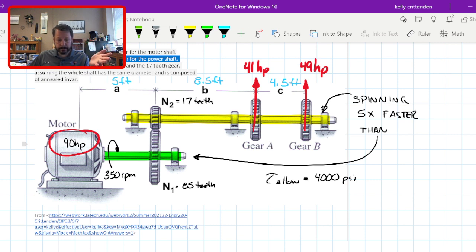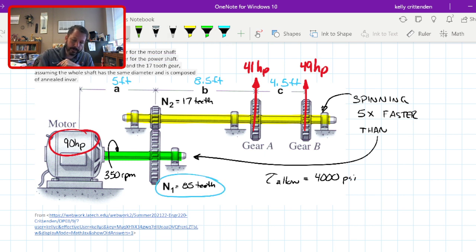And we already talked about the gear ratio. You can be given the gear ratio by just directly being given the ratio between these two gears is 5 to 1. You could be given, like you're given here, the number of teeth on one gear and the number of teeth on the meshing gear, and you just divide one by the other. So 85 divided by 17 is 5. Or you could be given the sizes.